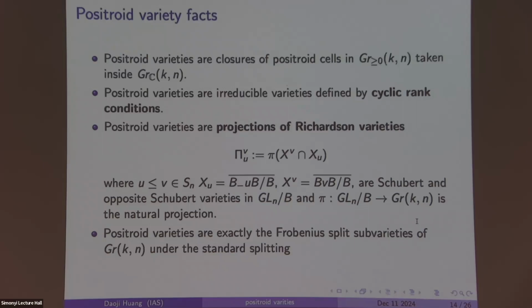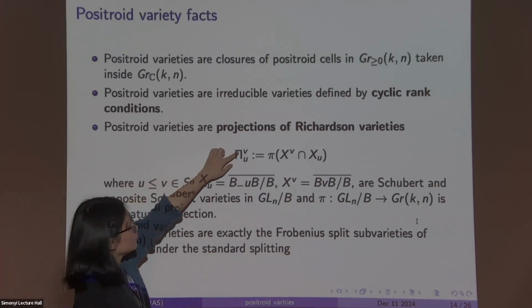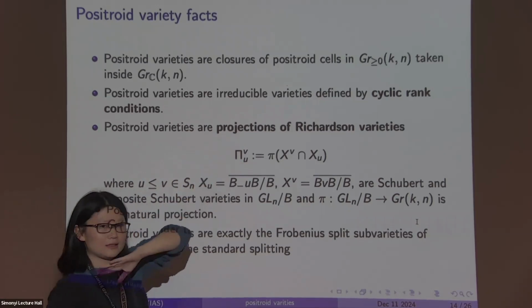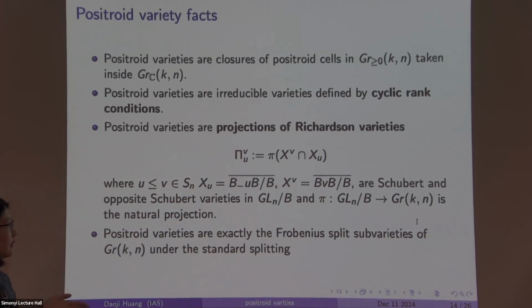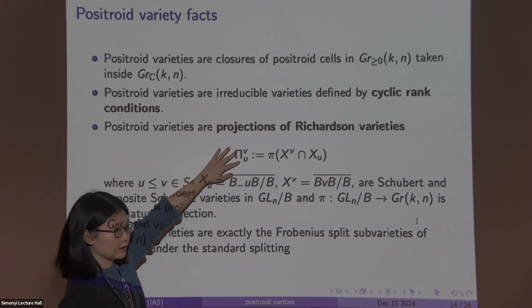Positroid varieties, from a Schubert perspective, are the projections of Richardson varieties. Richardson varieties are intersections of Schubert and opposite Schubert varieties in the big flag variety. And the projection is just the natural projection map. And if you insist that your top guy be what's called a k-Grassmannian permutation, meaning a permutation that's allowed to have a single descent at position k, then there is a unique pair of u and w.